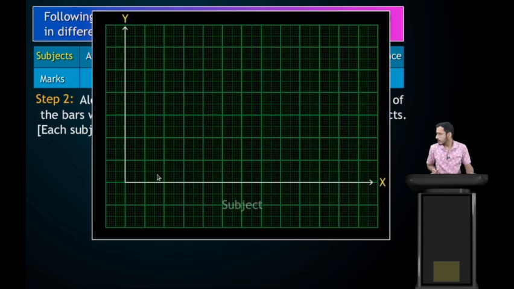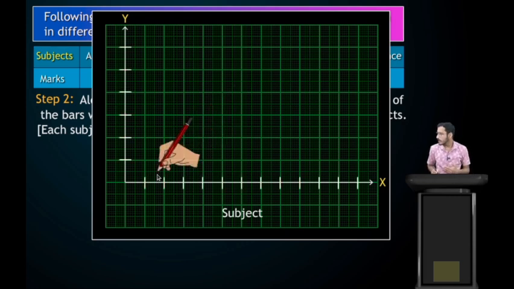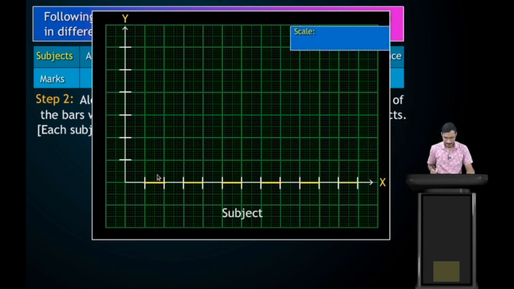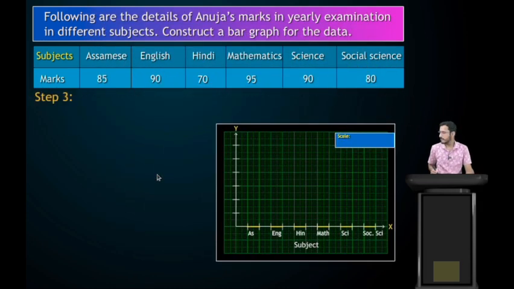Now on the x-axis we are locating subjects: Assamese, English, Hindi, mathematics, science, SST, with equal spacing between them. Then step 3.